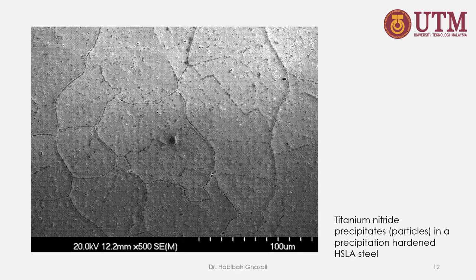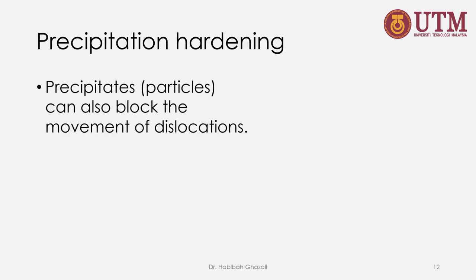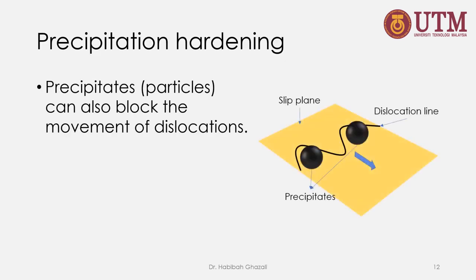This is a microstructure of high strength low alloy steel, and you can see small particles distributed uniformly. These are small particles of titanium nitride. These particles will now act to block the movement of dislocations.